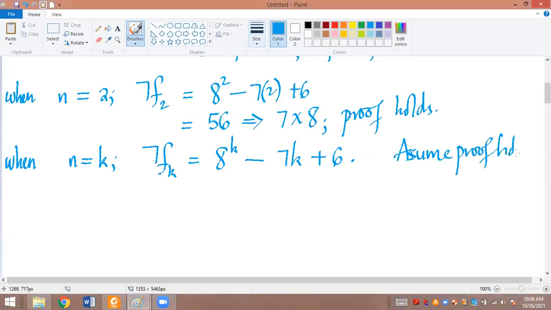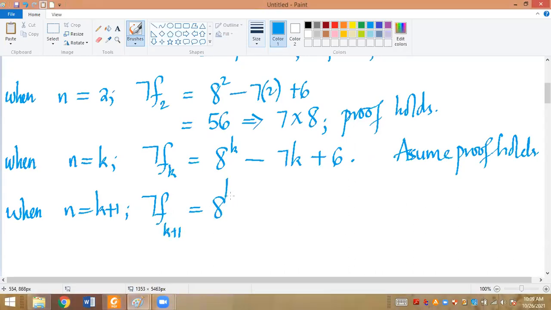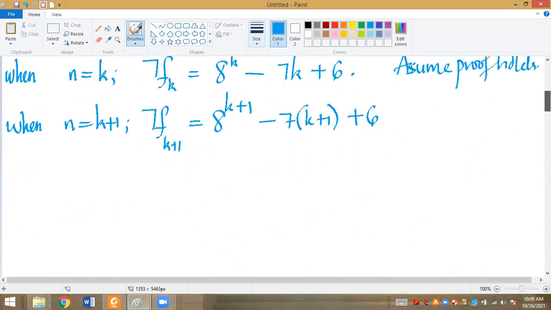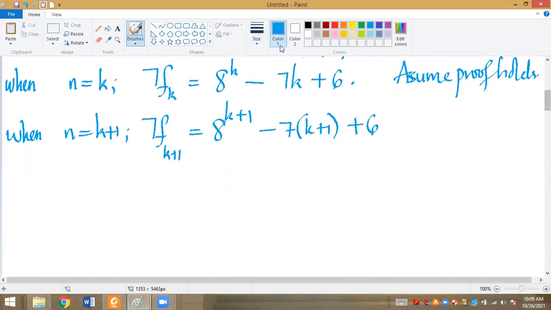Don't forget: make the assumption statement, then go and confirm at a stage beyond k. When n is equal to k plus 1, this will be 7 f at k plus 1 equal to 8 power k plus 1 minus 7 into k plus 1 plus 6. We go back to the same expression and replace n with k plus 1. However, we have to use our assumption stage to confirm the stage where we are.